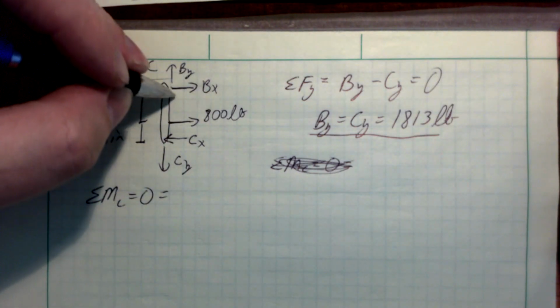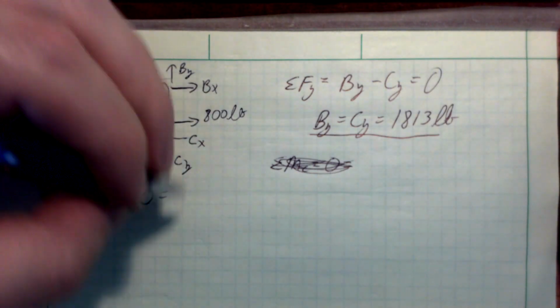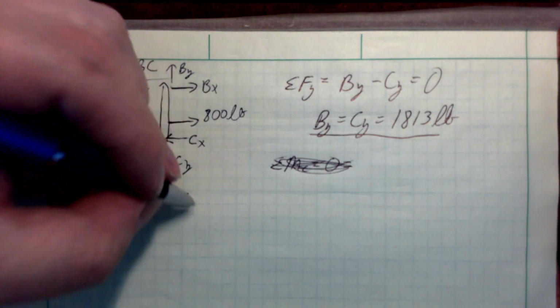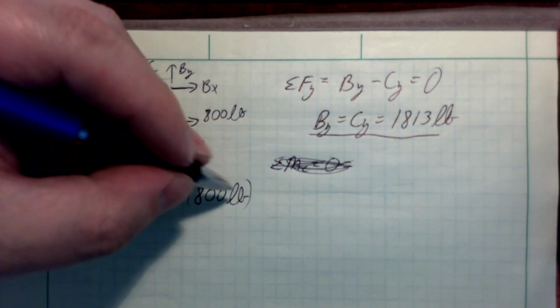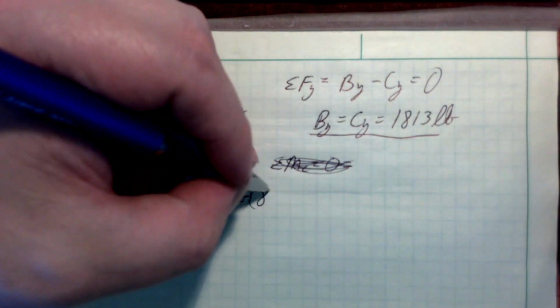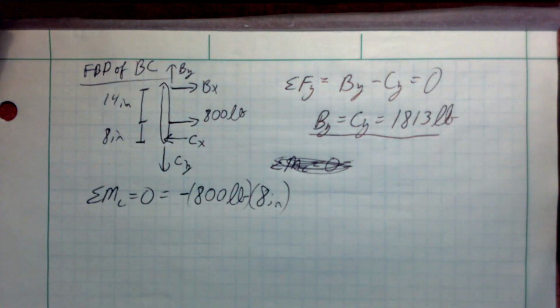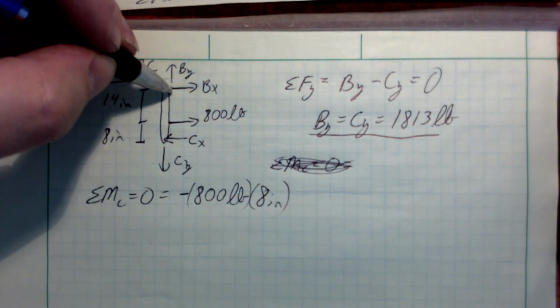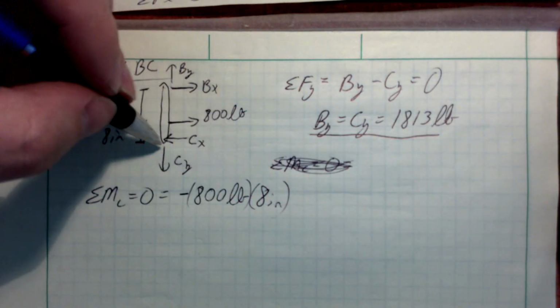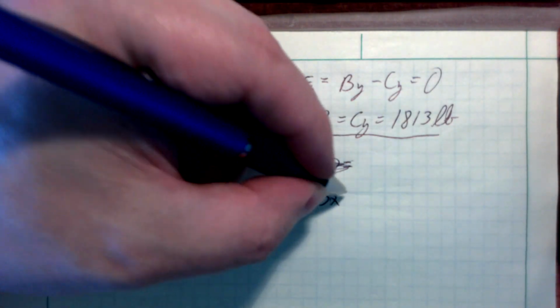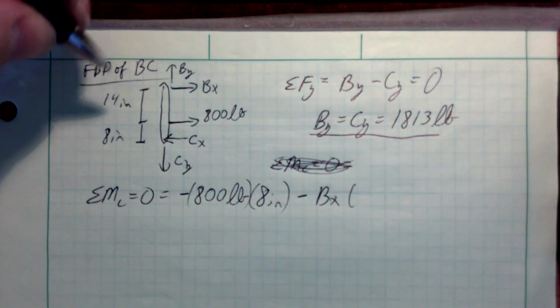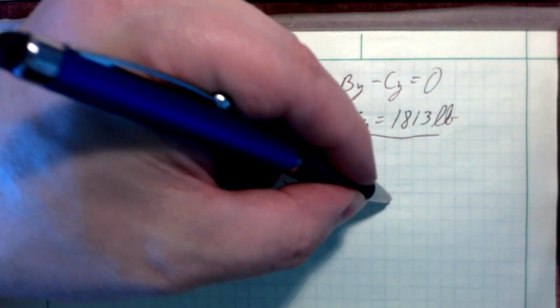Okay. Well, as they're drawn, they're both causing a clockwise or negative moment. So minus 800 pounds at a distance of 8 inches. So clockwise, 800 pounds at 8 inches. And then also I've got clockwise about point C, I've got minus BX at a distance of 18 plus 4 is 22 inches.